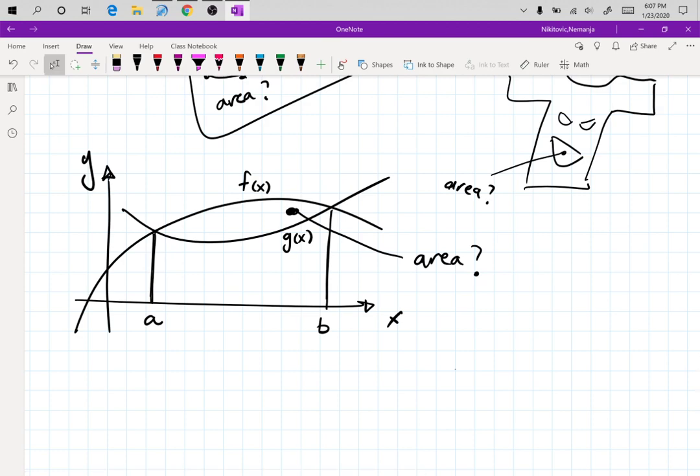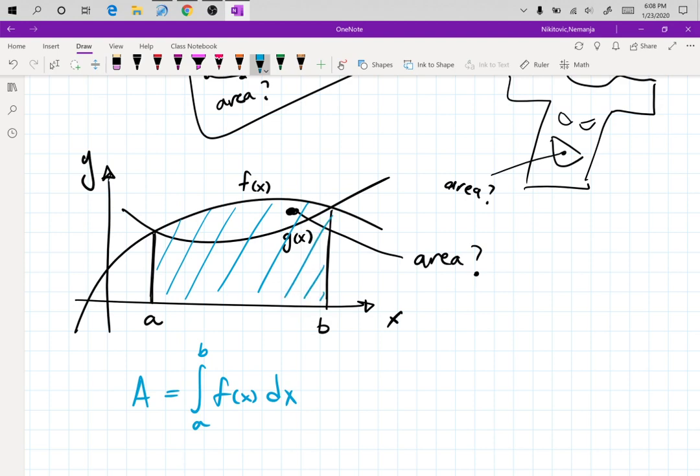Now, how do we get this? Look at this. We are going to calculate the area from A to B under f of x. That is going to give you everything all the way down to the x-axis.